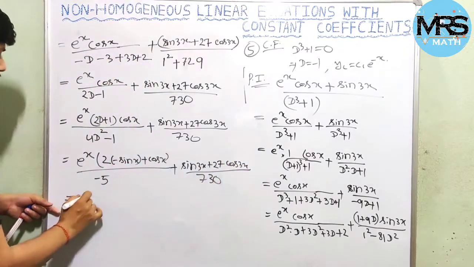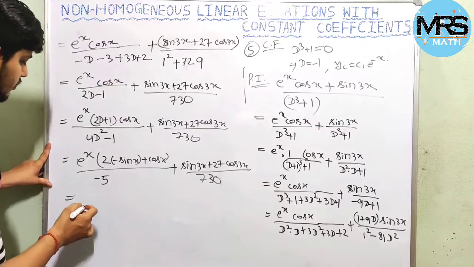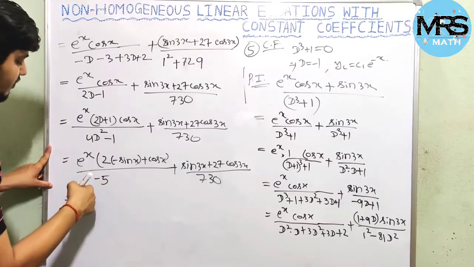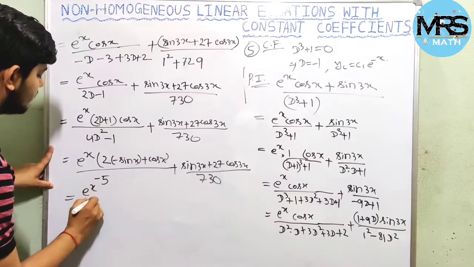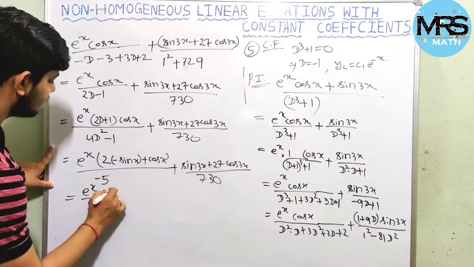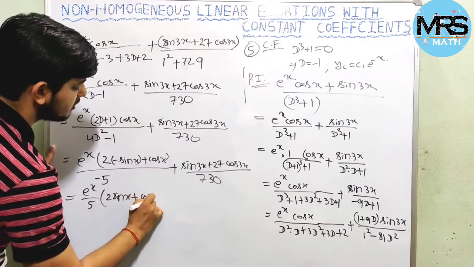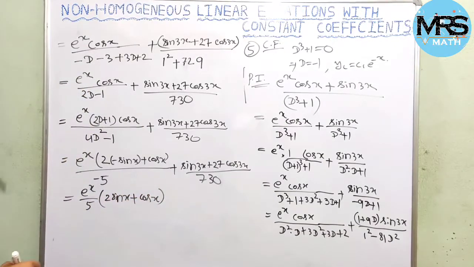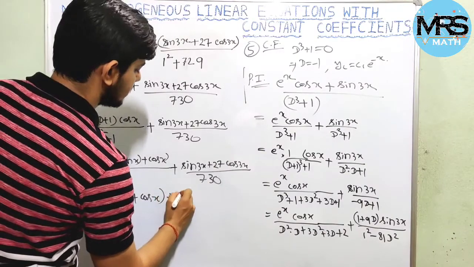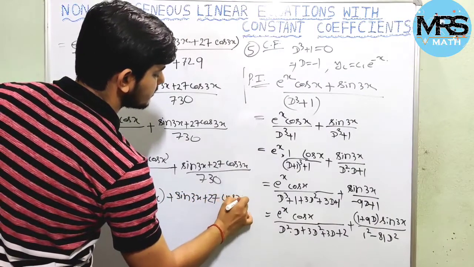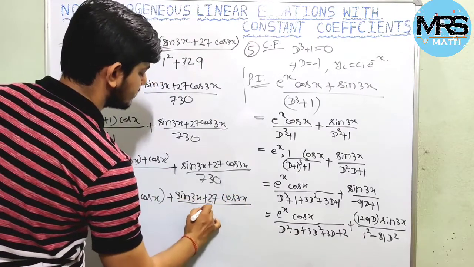Okay, so now our job is over. So what we can do now? Minus is taken common, so this one will be e to the power x over 5 times (2 sin x plus cos x), correct, plus sin 3x plus 27 cos 3x divided by 730.